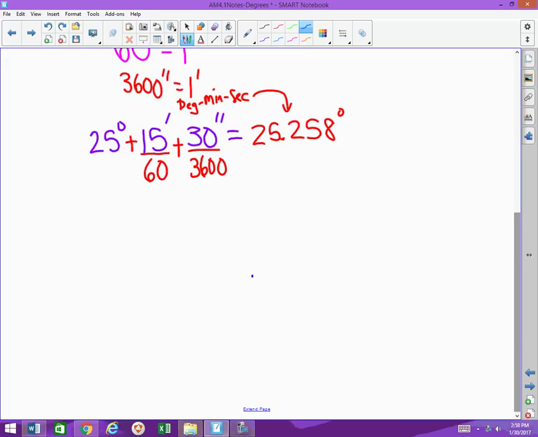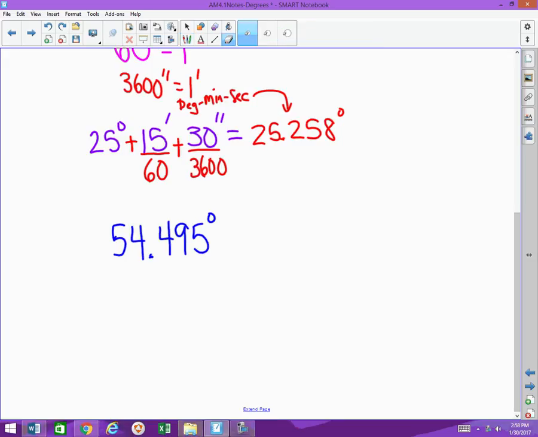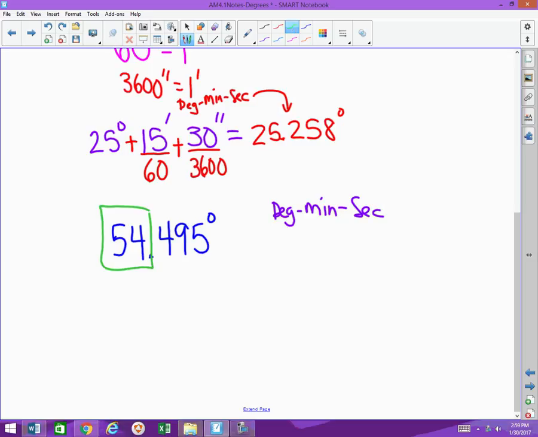So for that, let's say you have 54.495 degrees, and you need to write it into degrees, minutes, and seconds. Well, to do that, first, you already have the degrees. It's 54 degrees. So get rid of the 54. You don't need that anymore.